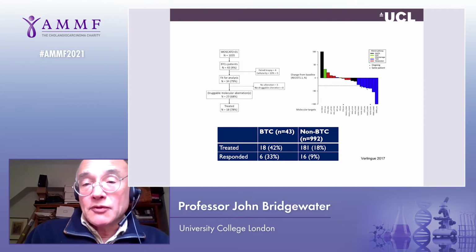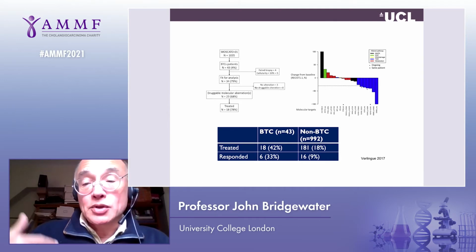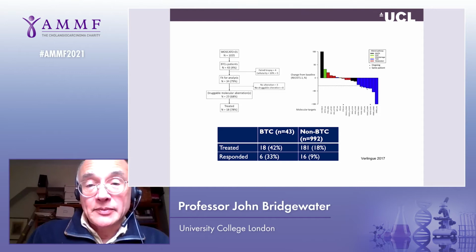And the information we draw from these preliminary French data was that not only does biliary tract cancer and cholangiocarcinoma have more targets than the average cancer, but that when you treat these targets, they respond better. And so that's a really exciting base.